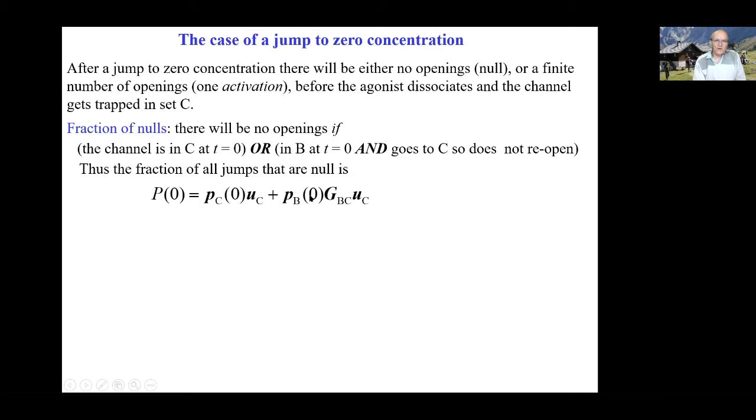Now these are the occupancies of the B states multiplied by the transition probabilities for going from B to C, regardless of how long it takes, again summed up over the C states. Remember that post-multiplying by this unit column vector adds up the elements in this preceding row vector.